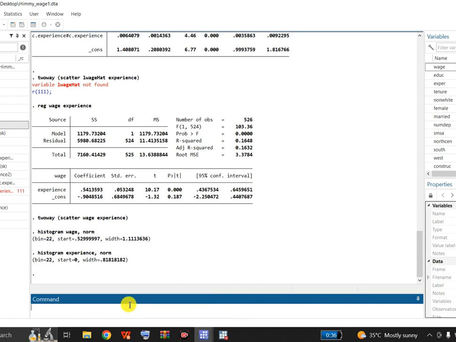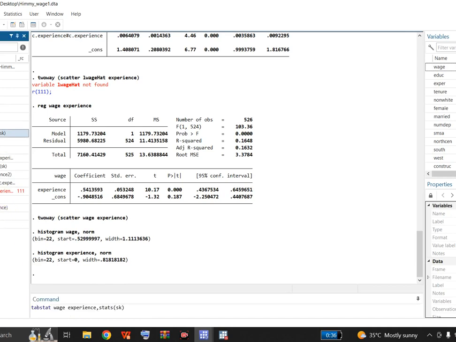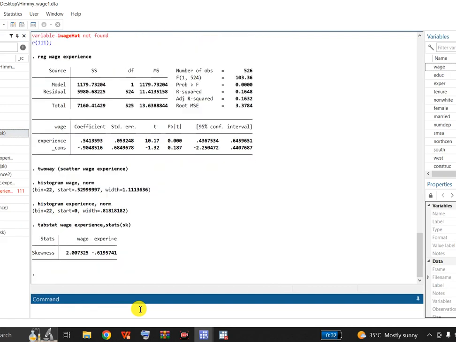After this, let us see the skewness statistics, the test of skewness for both these variables, that is wage and experience. And if I press, it gives us the skewness of both the variables. Now the wage variable is not normal.